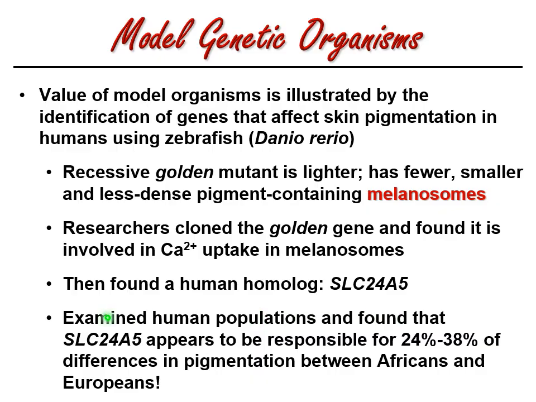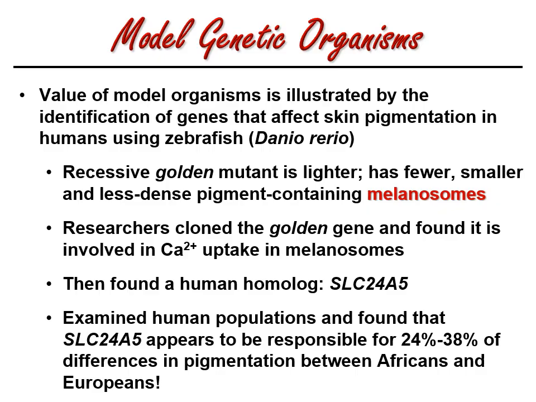What they found was that SLC24A5 appears to be responsible for, and look at this number, 24 to 38% of the difference in pigmentation between people of African and European descent. Because obviously we generally have a very different skin tone. So a quarter to a third or more of the difference is due to this gene. So we learned from zebrafish.